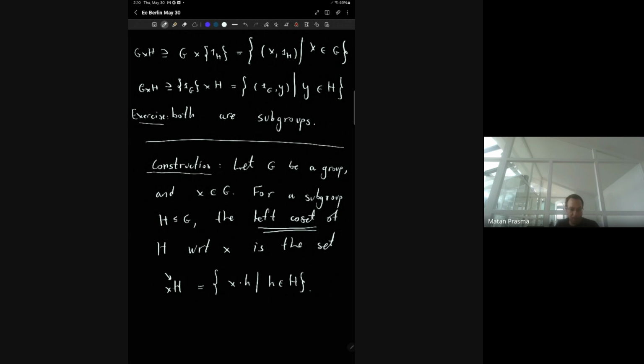This is just for getting notation to be intuitively understandable. What it means is that I take x and I take all the products of x with elements in H.